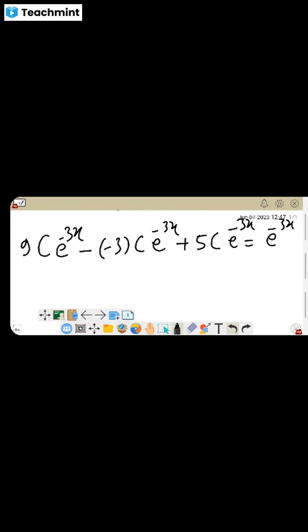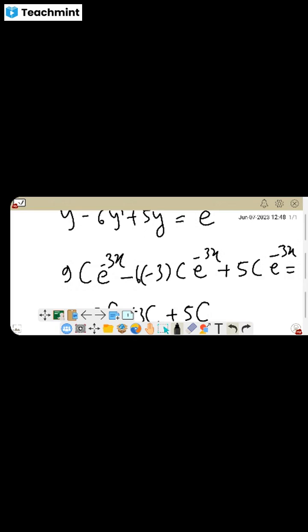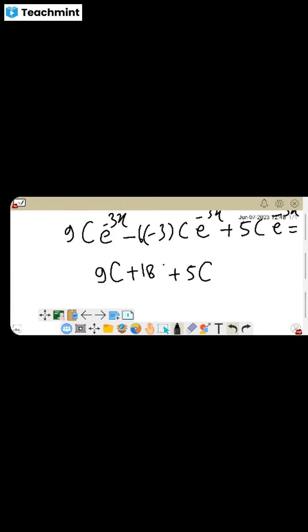So now take e to the power minus 3x common. Now we have 9c plus, taking minus minus plus, 18c, and plus 5c, and e to the power minus 3x is equal to e to the power minus 3x.